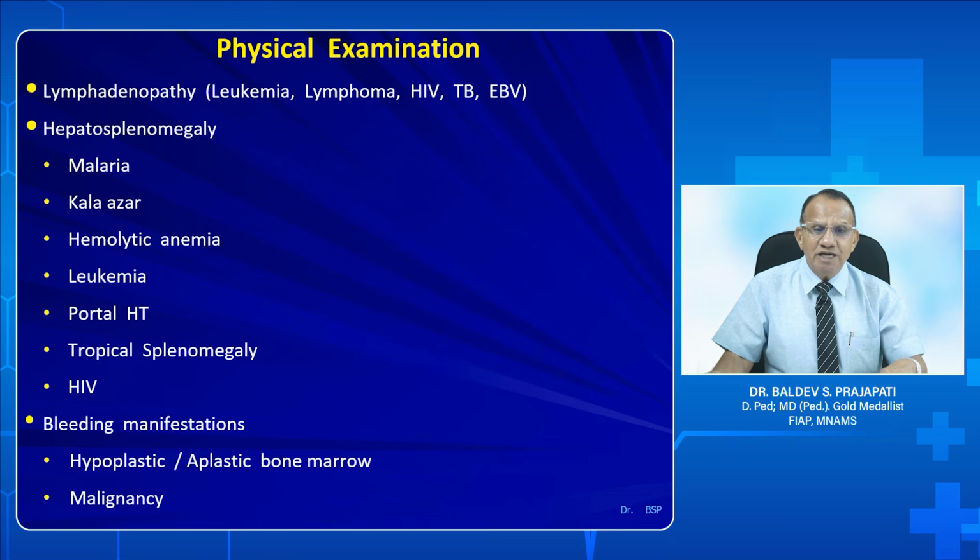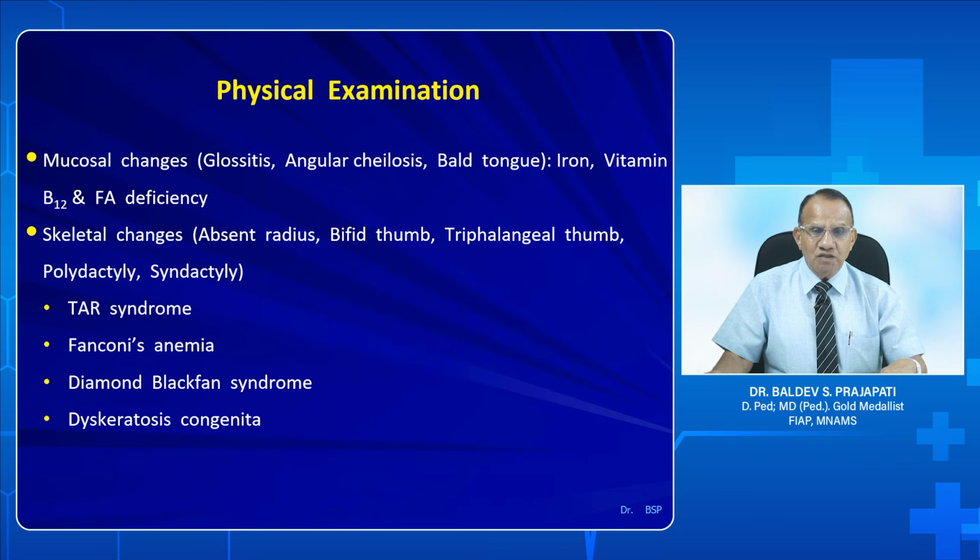We know that with anemia and hepatosplenomegaly together, keep in mind malaria, Kala-Azar, hemolytic anemia, leukemia, portal hypertension, tropical splenomegaly, HIV, etc. Bleeding manifestation indicates hypoplastic or aplastic bone marrow or even malignancy. For mucosal changes, particularly check for glossitis, angular cheilosis, bald tongue, maybe even due to hematopoietic factor deficiency like iron, B12, folic acid.